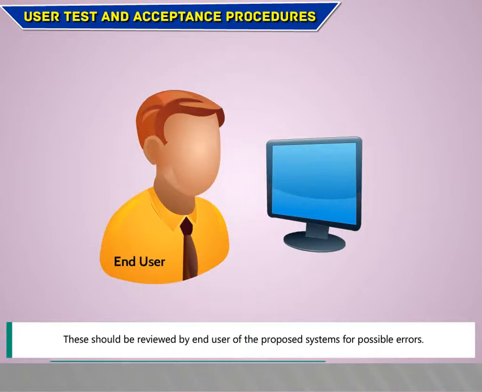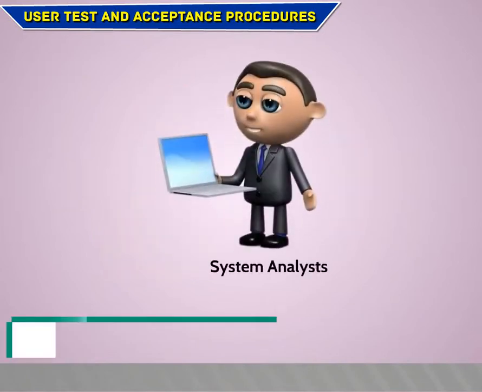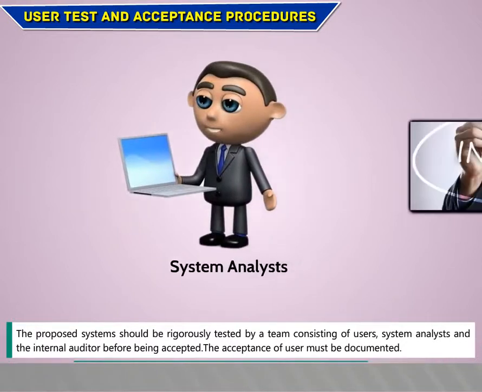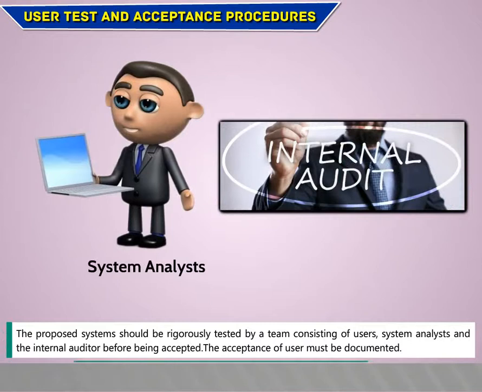These should be reviewed by end users of the proposed systems for possible errors. The proposed systems should be rigorously tested by a team consisting of users, system analysts, and the internal auditor before being accepted. The acceptance of the user must be documented.